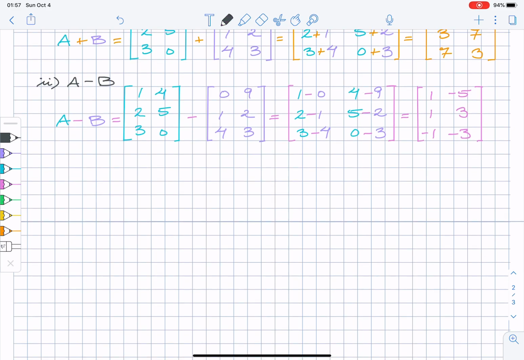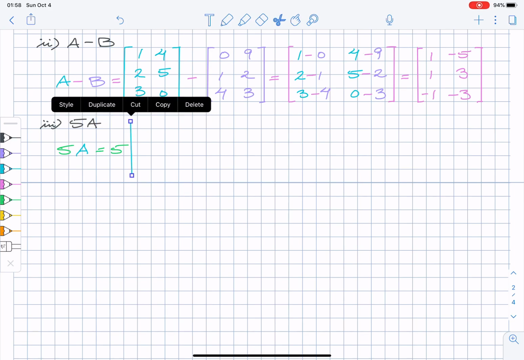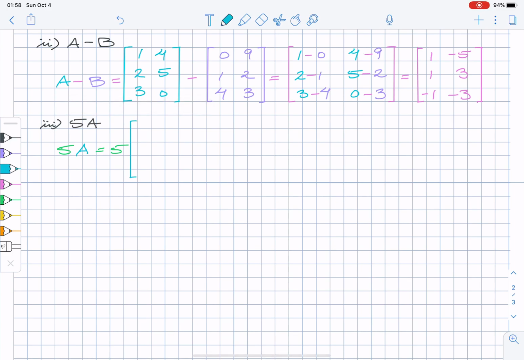Okay, so number 3. What's a good number? Let's do 5 times matrix A. So 5 times matrix A means that for each entry in matrix A, well, this will be 5 times the matrix 1, 2, 3, 4, 5, 0.